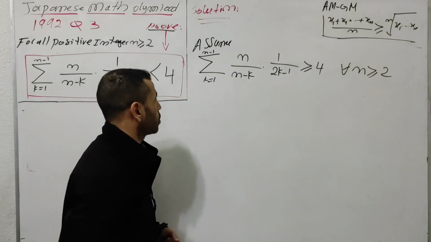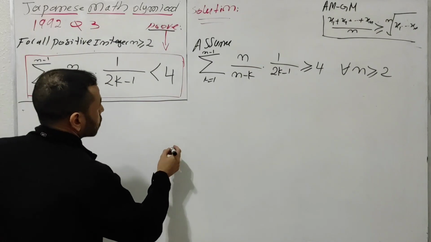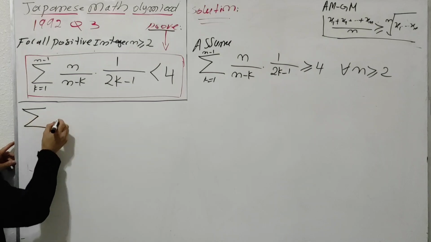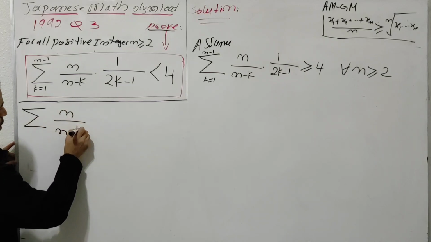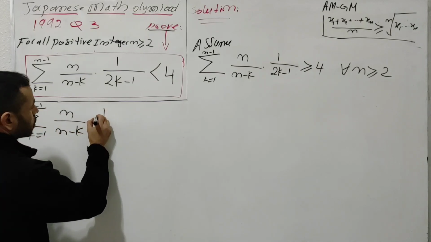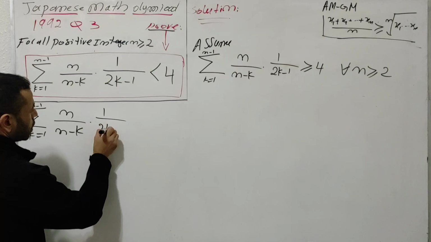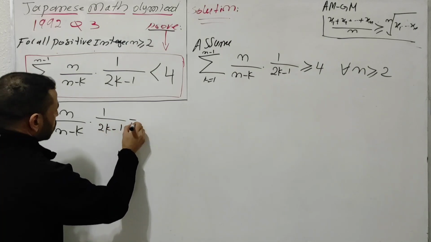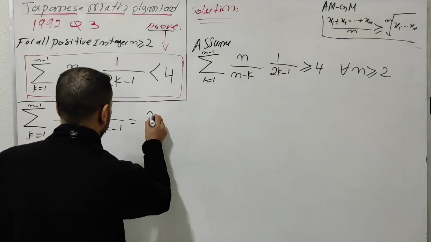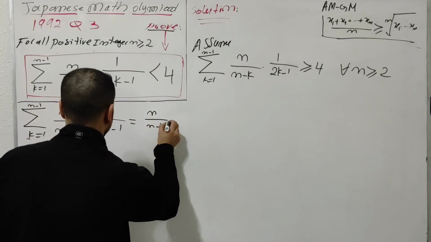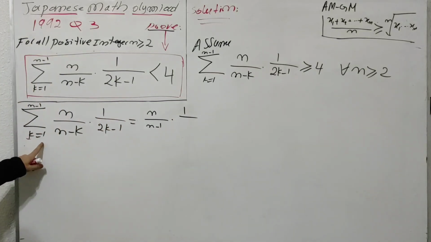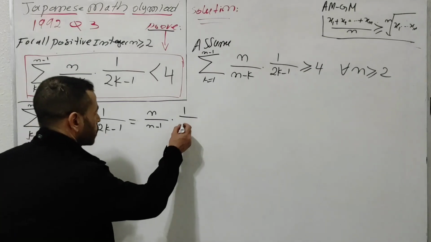Okay, so now I'm going to distribute this. The sum of n divided by n minus k, as k goes from 1 to n minus 1, multiplied by 1 over 2k minus 1, equals, distributing, n over n minus 1 multiplied by 1 over, replacing k with 1, 2 minus 1, which is 1.